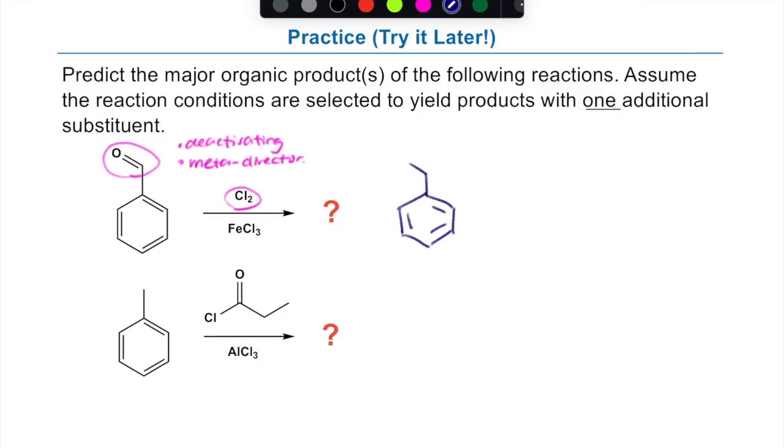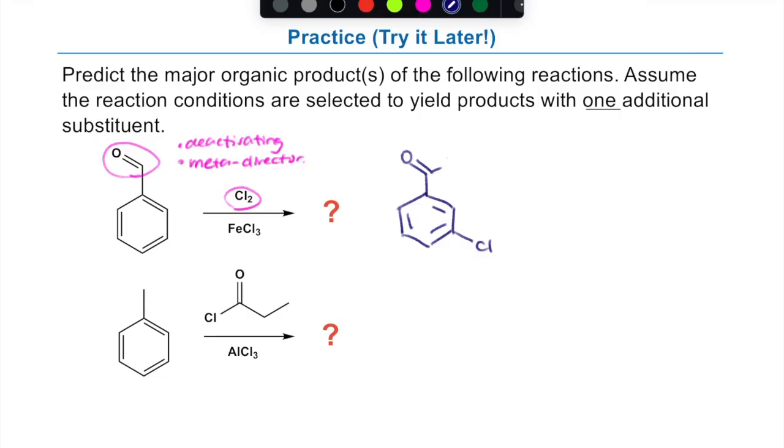So we would keep that on there, and we would have chlorine here, and it's a meta-director. So we would primarily get one product. Sorry, everyone. Primarily, we would get one product, which is just the meta-directed substituent. So just a chlorine here.